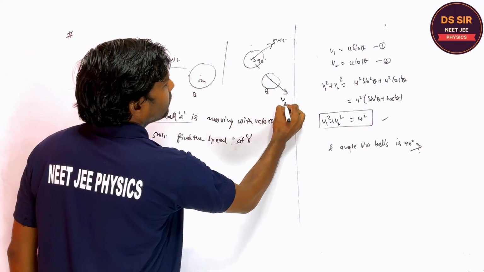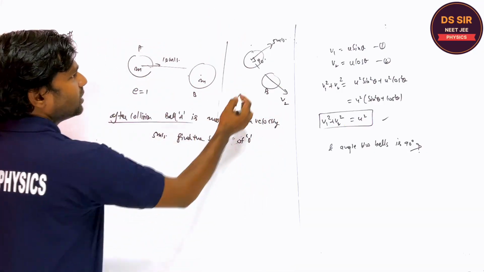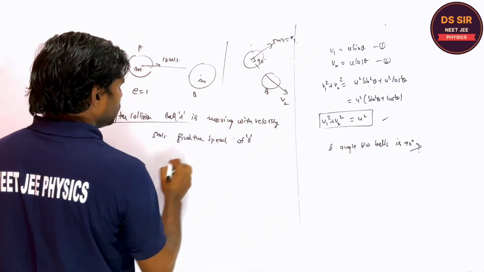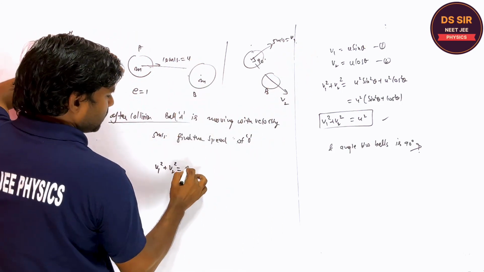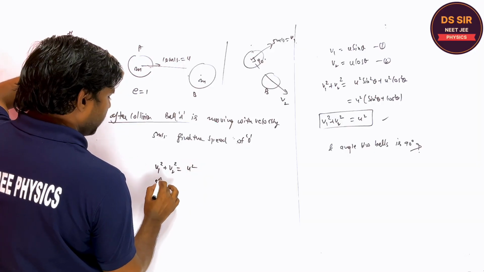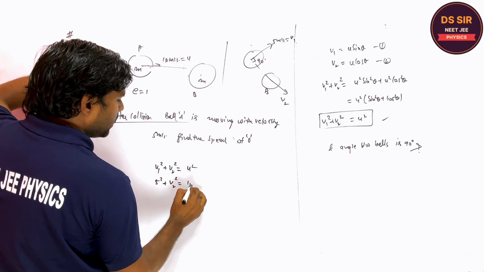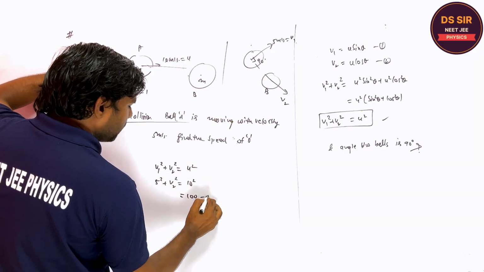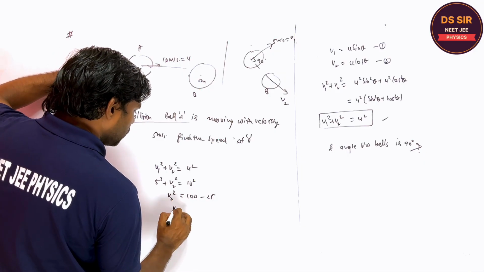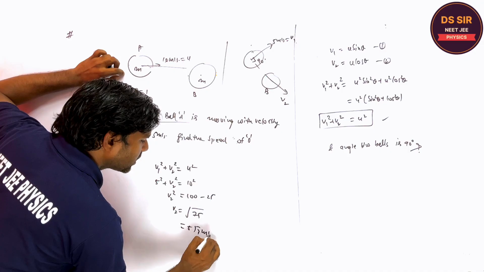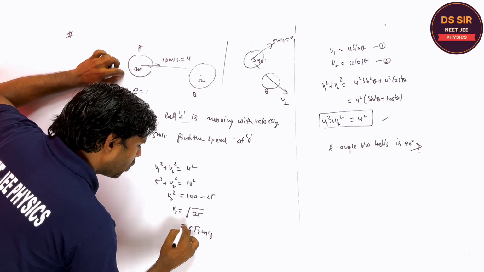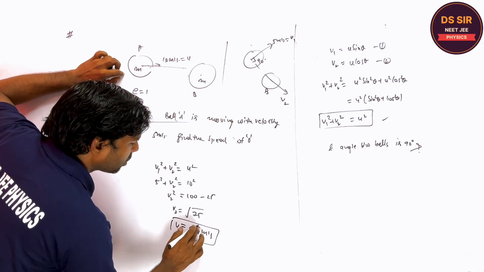And what is V2? This is V1, this is V2. V1 square plus V2 square is equal to what? Say U square. So 5 square plus V2 square is equal to 10 square. It is 100 minus 25, so V2 square is 75, V2 is 5 root 3 meter per second. That's it. If you don't know this thing, you cannot solve this.